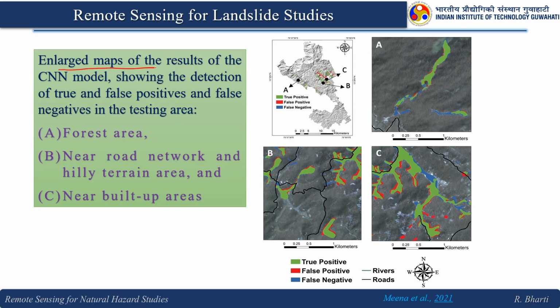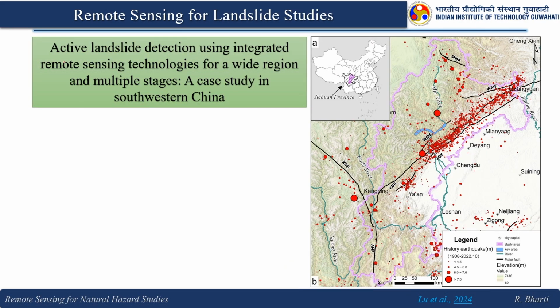In this enlarged map of the results of the CNN model, the detection of true and false positive and false negative in the testing area is shown. A is the forest area, B is near the road network and hilly terrain, and C is near the built-up area, and you can see how these true positives, false positives and false negatives appear. Then we will talk about another study.